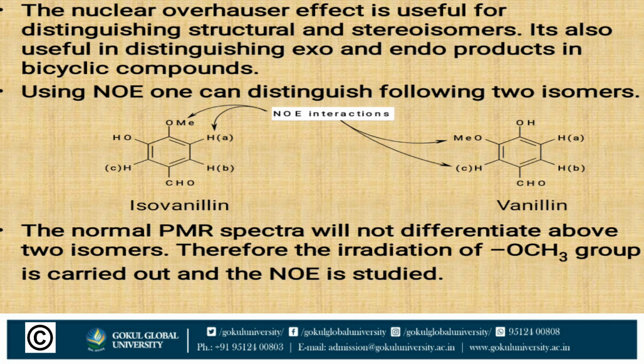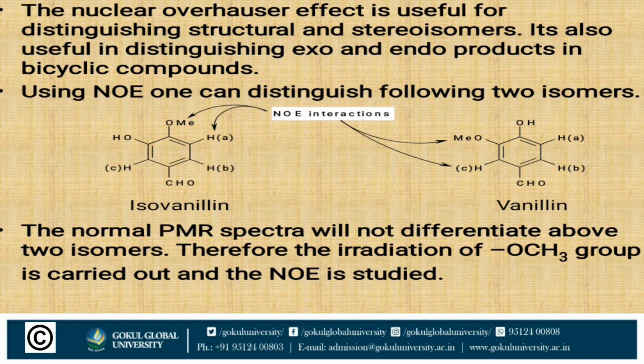The normal PMR spectra will not differentiate the two isomers. These isomers are not separated out by the normal spectra. Therefore, irradiation of the methoxy group is carried out and the NOE is studied.